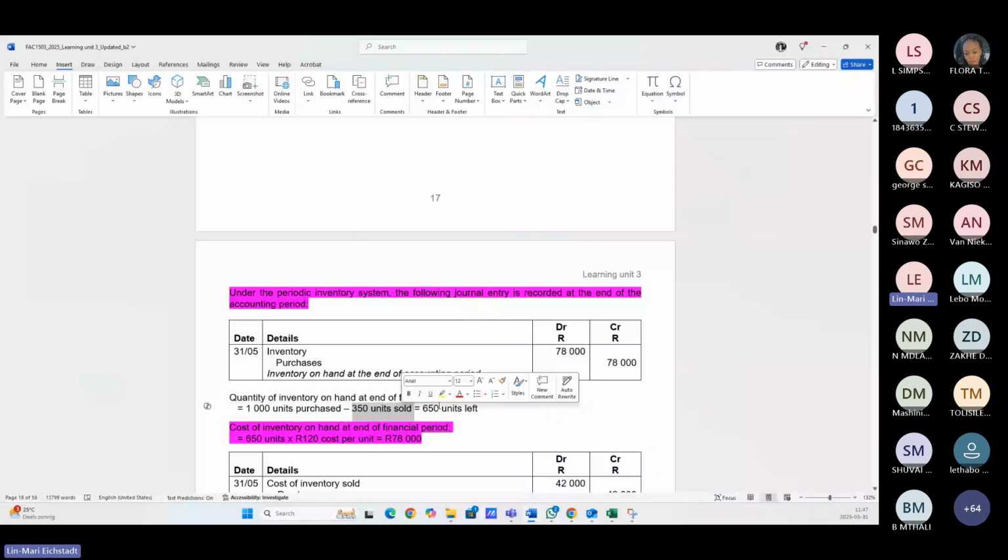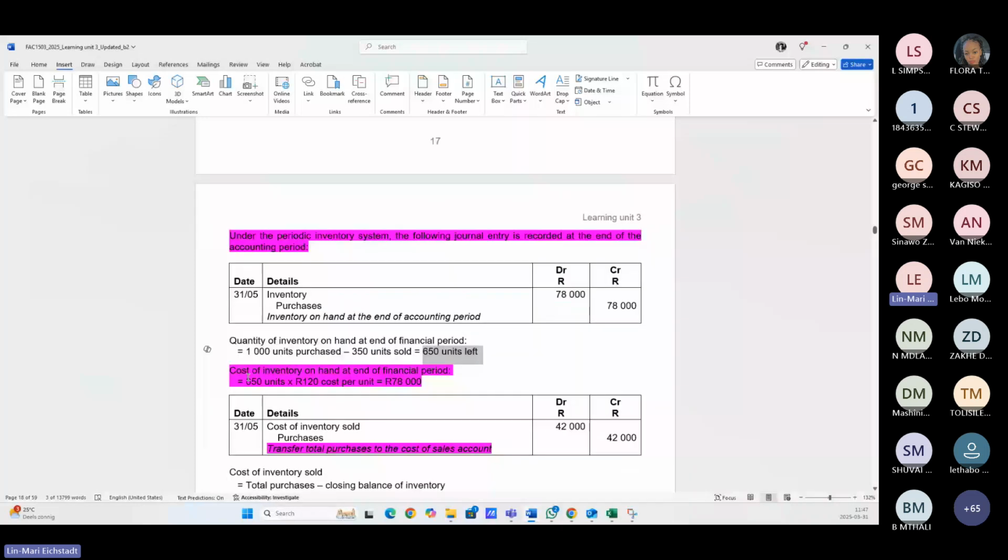And the cost of inventory on hand is 750 times 120, giving us the 78,000. And how this is different, just because I'm trying not to be too fast, but also being cognizant of our time, is what we did in the periodic system. We said it's purchases, minus what you sold, gives you your units left, what you would actually do at the inventory count, right? And that is how we have our closing inventory amount.